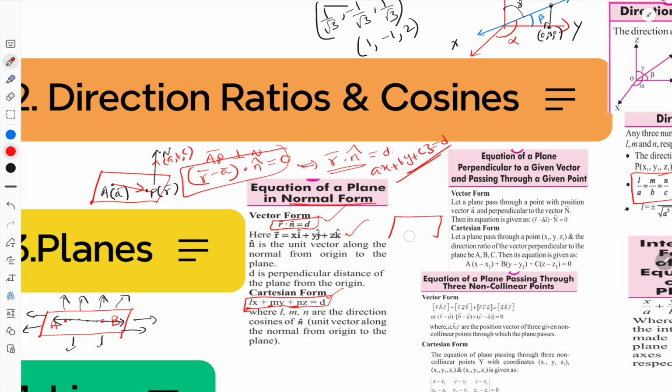Suppose you have a plane passing through a point x1, y1, z1 and perpendicular to a normal vector with DRs a, b, c. Then a into (x minus x1), b into (y minus y1), c into (z minus z1) will be 0. This is the Cartesian form of the equation of a plane. If you know the normal DRs and a point, you can find the equation of the plane in this way.